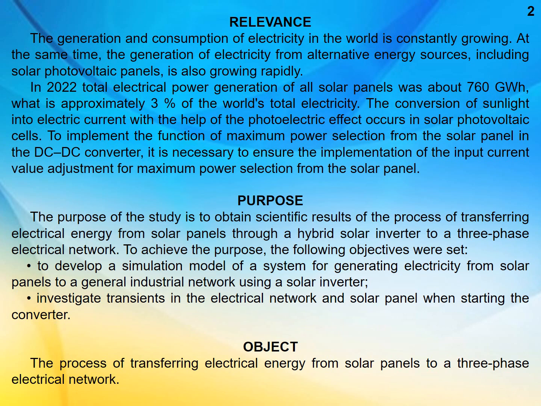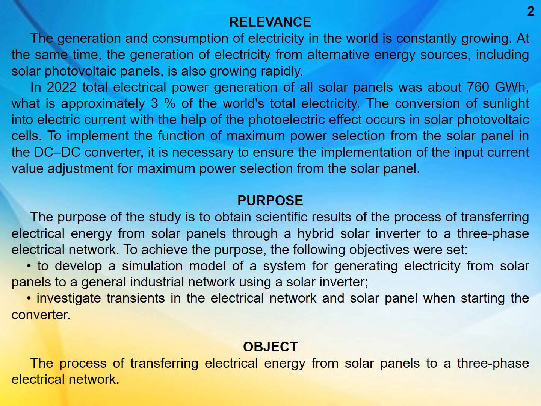At the same time, the generation of electricity from alternative energy sources, including solar photovoltaic panels, is also growing rapidly. In 2022, total electrical power generation of all solar panels was about 716 gigawatt-hour. That is approximately 3% of the world's total electricity.